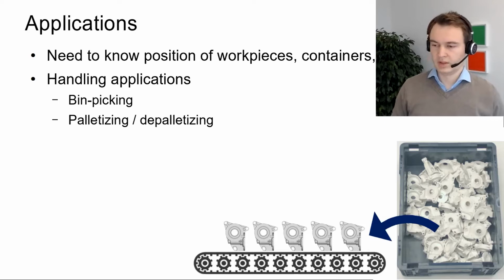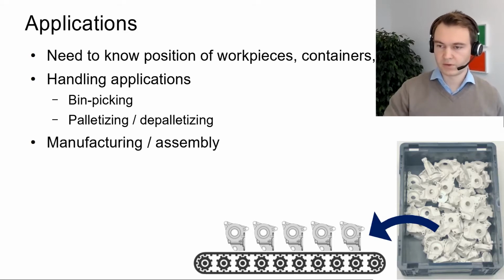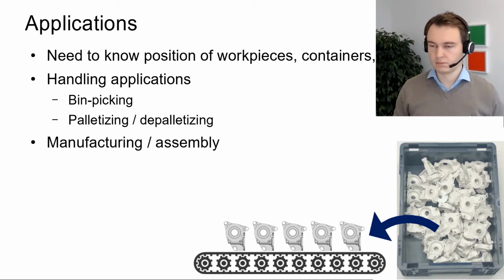This is by far the biggest application area for PartFinder, and the one that we are currently also testing it a lot with. But of course, there are other potential applications.